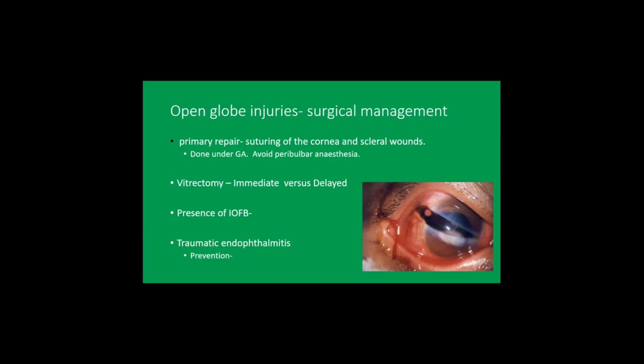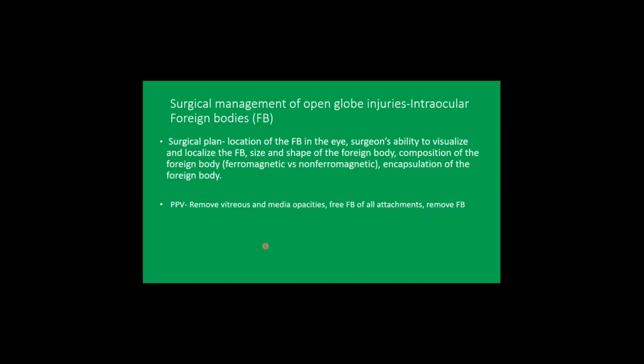Endophthalmitis is also an issue in open globe injury, and that is why there's a need for early closure of your cornea and sclera, and then also prophylaxis of intravitreal antibiotics, and in the presence of intraocular foreign body, you may add some oral antibiotics.